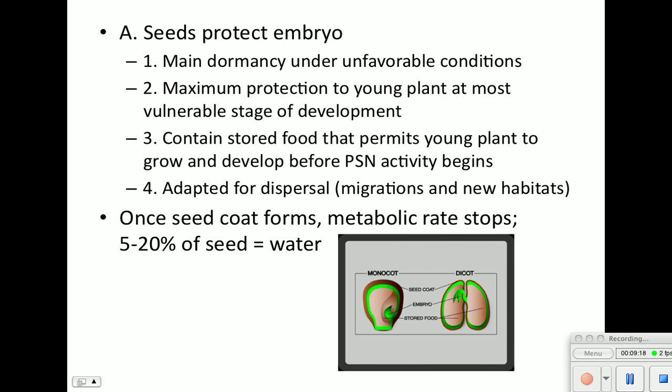Seeds protect the embryo, so if conditions are not favorable, they can lie dormant until conditions are right. Inside the seed, there's stored food, so the young plant can grow and develop before its photosynthetic activities can begin. And not only do seeds provide protection, but they help aid in dispersal.